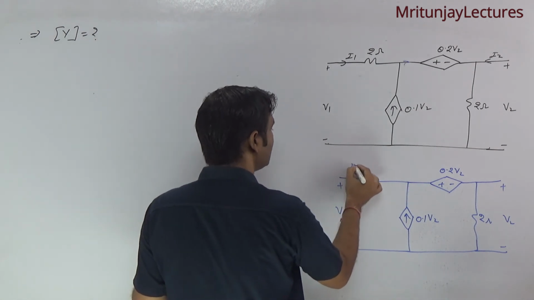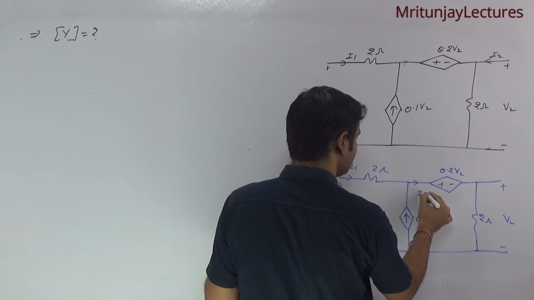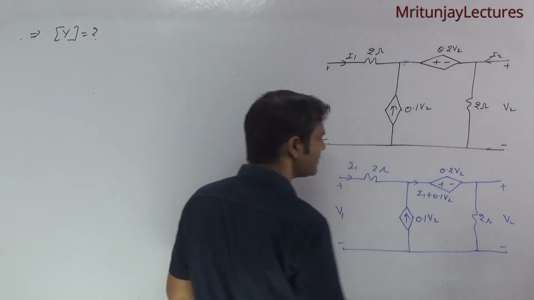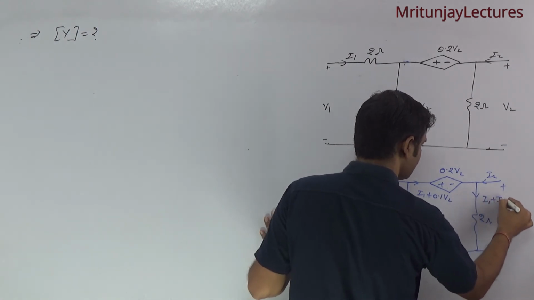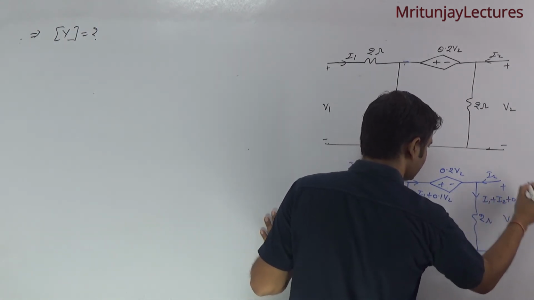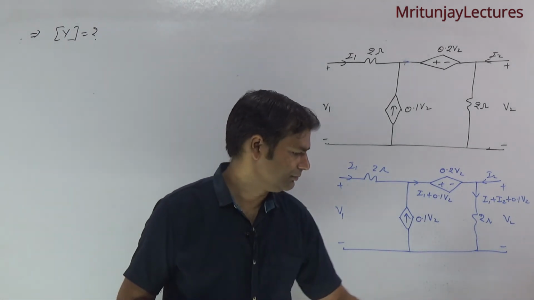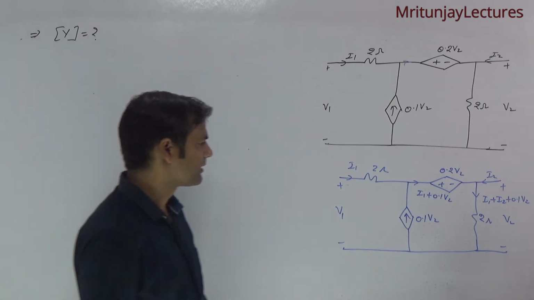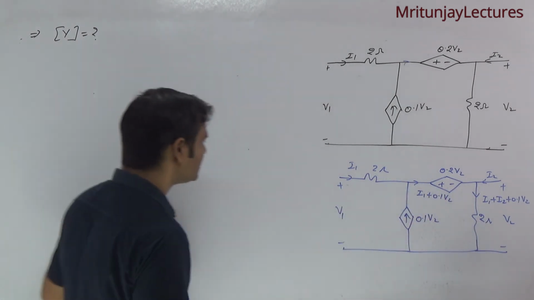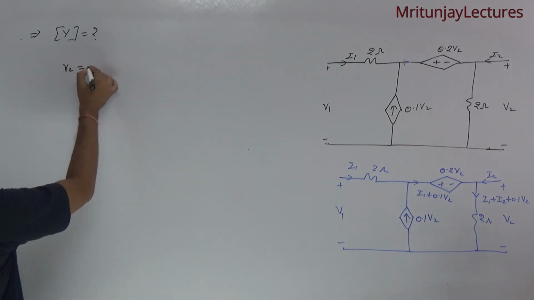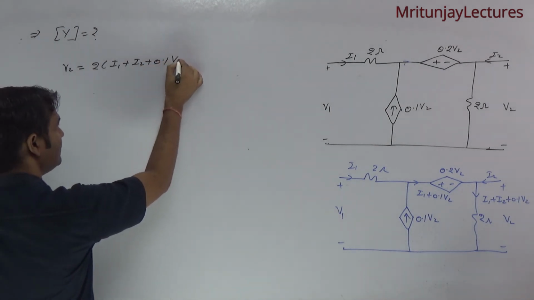KVL: 2 ohm, I1 here, I1 plus 0.1 V2, and that is I2. So here I1 plus I2 plus 0.1 V2. Clear? So V2 is equal to 2 into I1 plus I2 plus 0.1 V2.